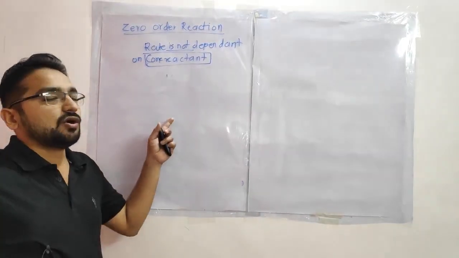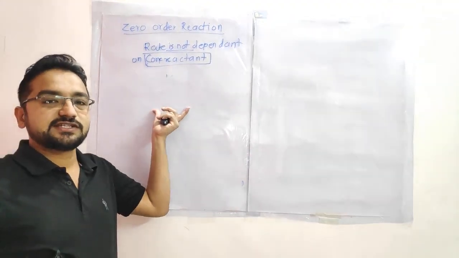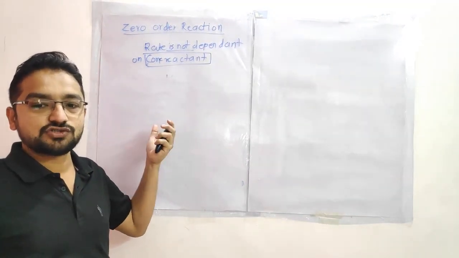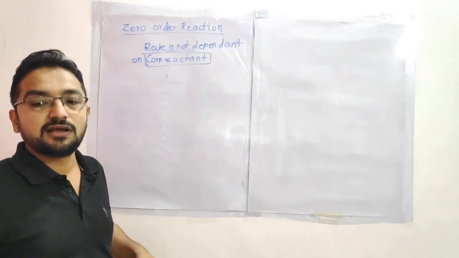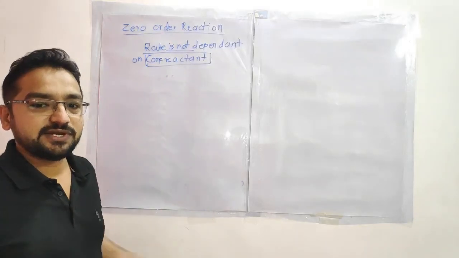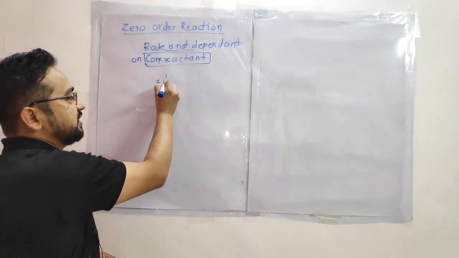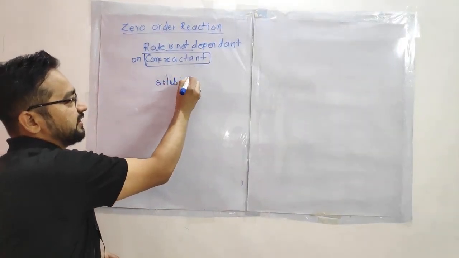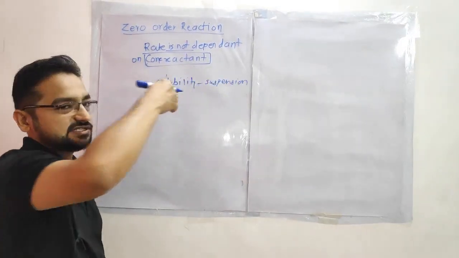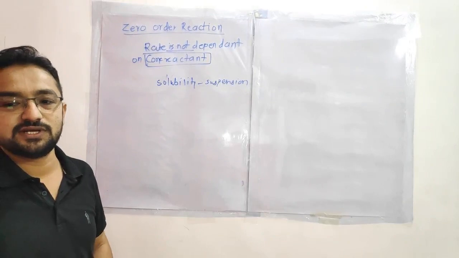Here the rate of reaction is decreasing, but the concentration of the reactant is not measured. So what are the rate limiting steps? The rate limiting step here could be solubility. If you take a suspension, how slowly or how fast the suspension is getting solubilized is one example.